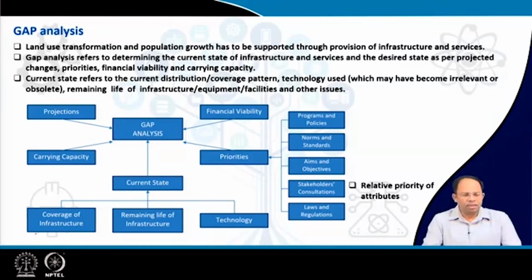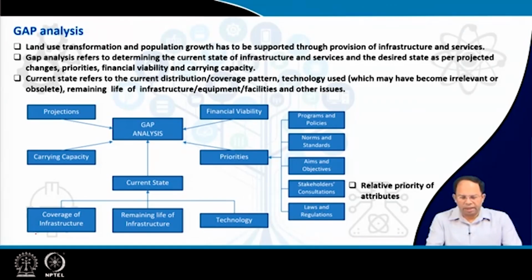So, gap analysis refers to determining the current state of infrastructure and services and the desired state as per projected changes, priorities, financial viability and carrying capacity. As you can see, the desired state is not only as per what people want.